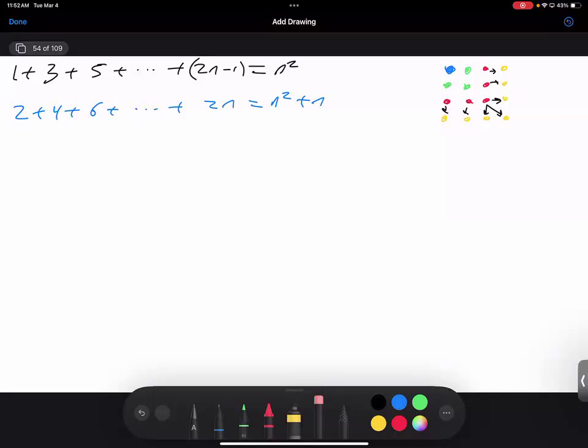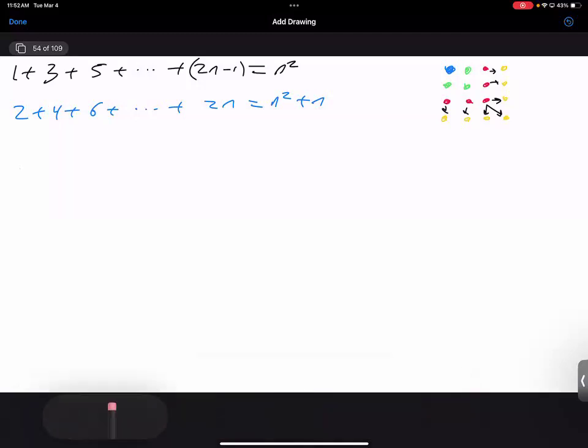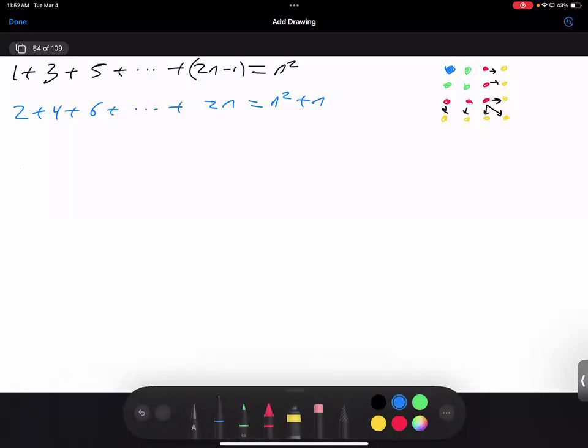What if we add these together? What do we get? So if we add, we get 1 plus 2 plus 3 plus 4 plus 2n minus 1 plus 2n is n squared plus n, whereas 2n squared plus n.